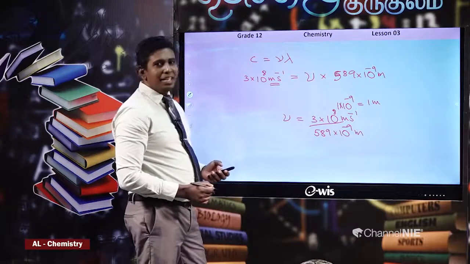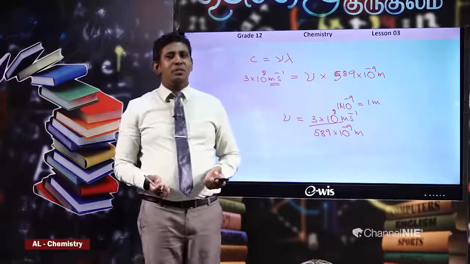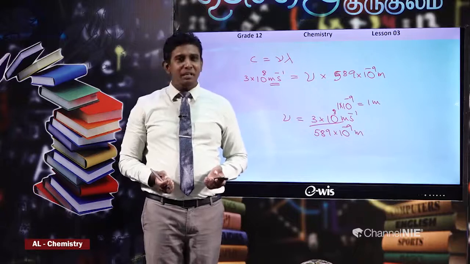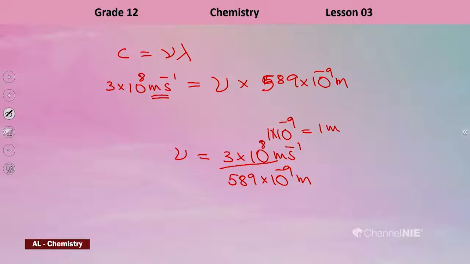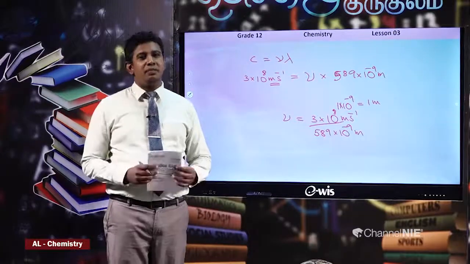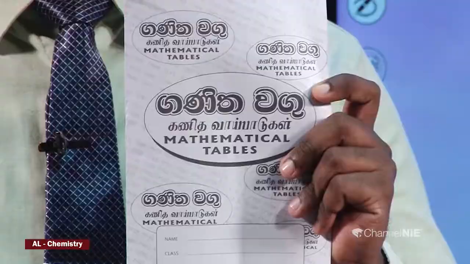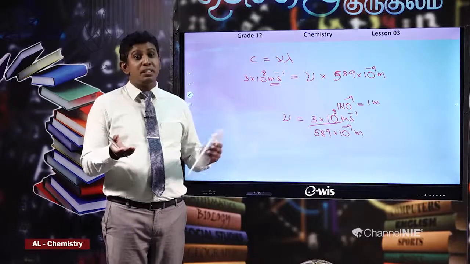How would you divide 3 by 589? For that, I need the support of a log table. So let me show you how to use a log table to get this. Students, the division of 3 by 589 could be easily done with a log table. So let me show you how we could use a log table for this purpose.